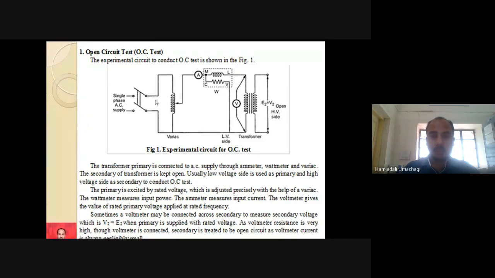Then you need to apply rated voltage. Once you apply rated voltage, that can be observed using this voltmeter. Then note down the voltmeter reading, that is no load voltage V0, no load current I0, no load power W0. So this no load power W0 is nothing but what here? Iron loss. It is nothing but an iron loss.